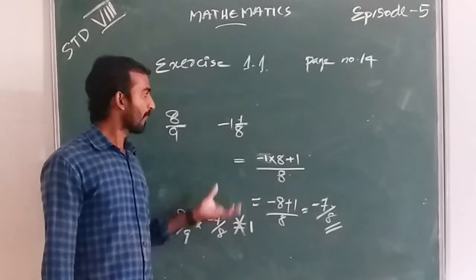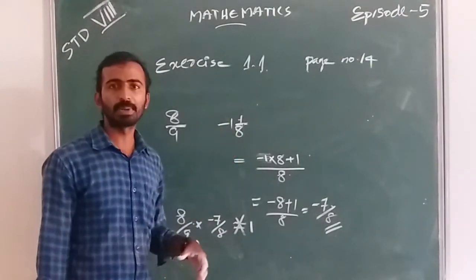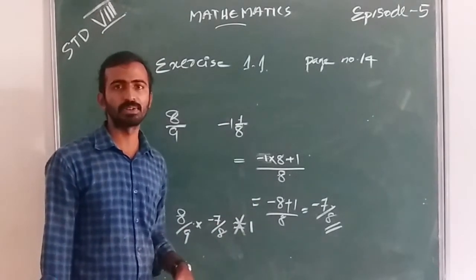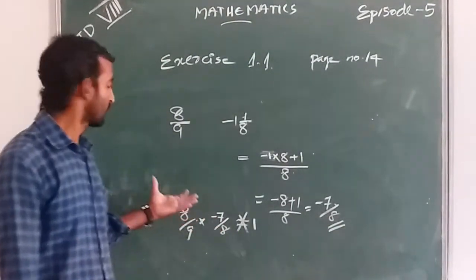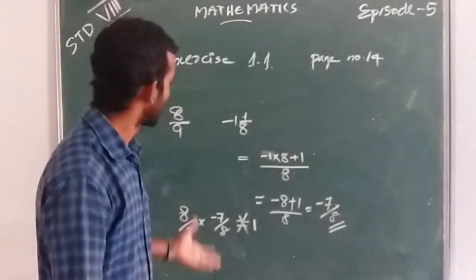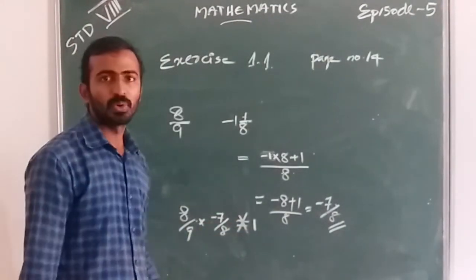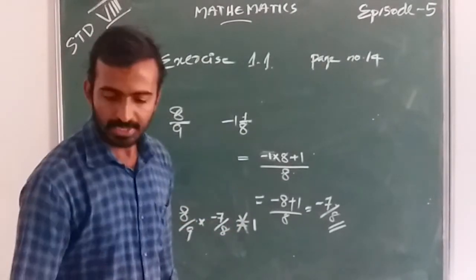So this is not a multiplicative inverse. That is, the answer is no. What is the answer of question number 8? No, because its product is not equal to 1. So this is not a multiplicative inverse. Next question.